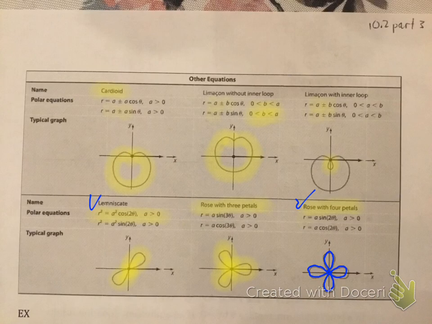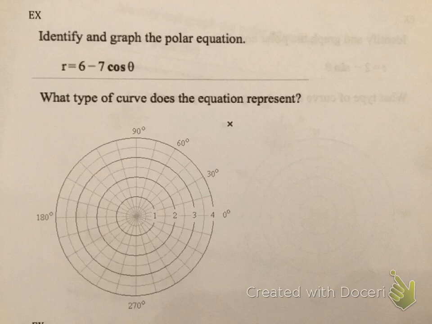Okay, so the next one is identify and graph the polar equation, and we have 6 minus 7 cosine theta. So this time around, I know that A equals 6, and B equals 7.